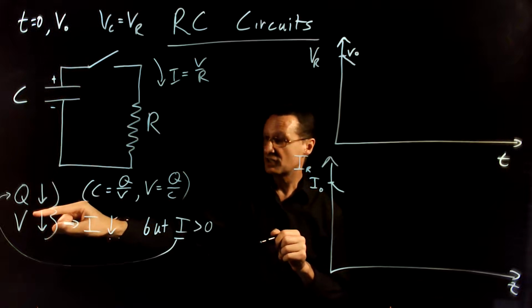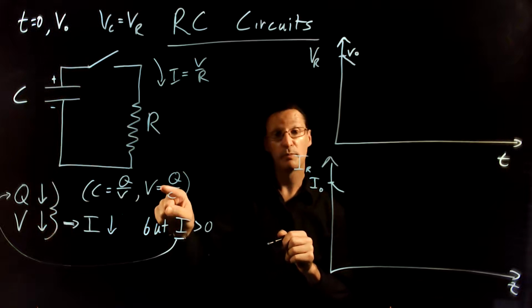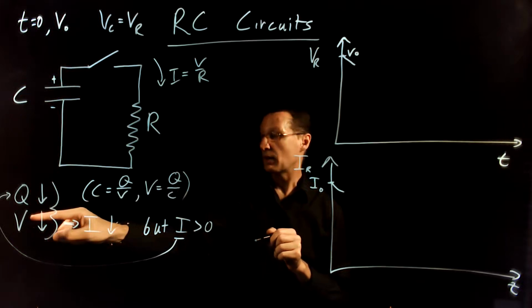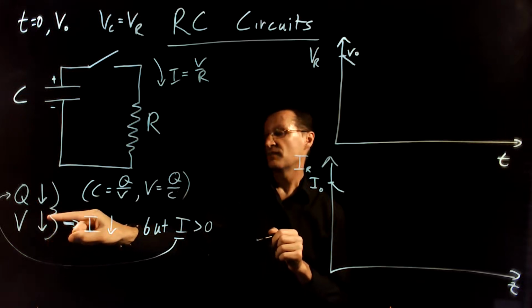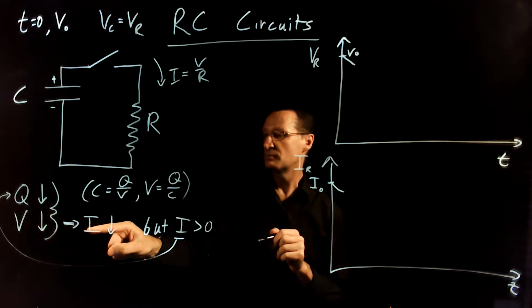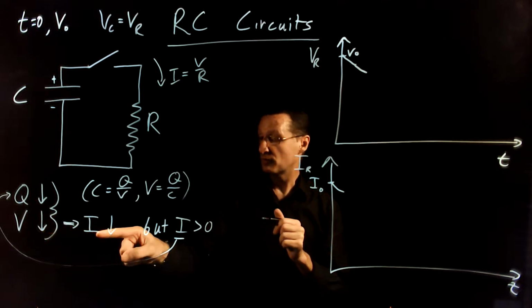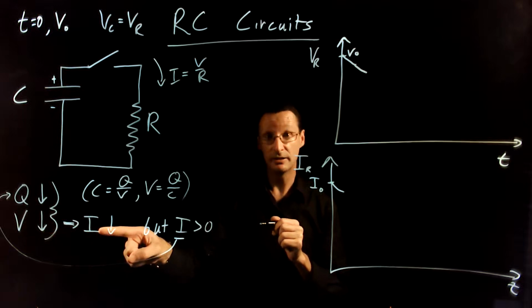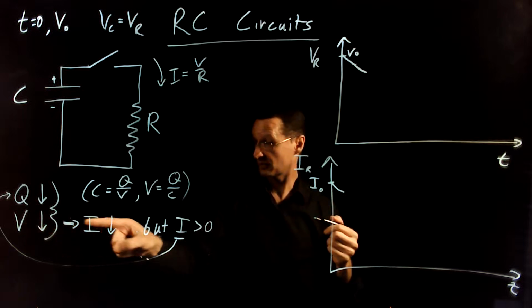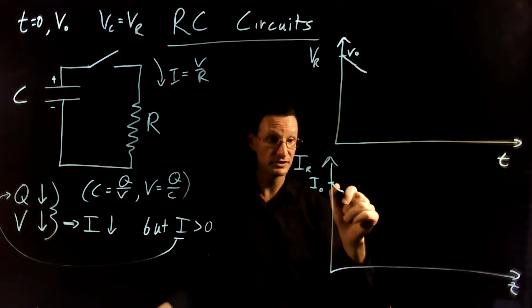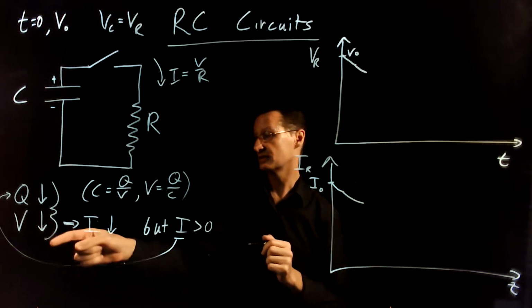That reduction in Q, because Q and V are proportional to each other, will cause V to reduce. That V reduction will cause the current to decrease, because the motivation for the current to flow is the voltage difference. So the current decreases.